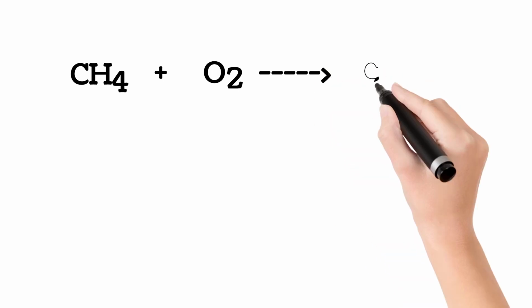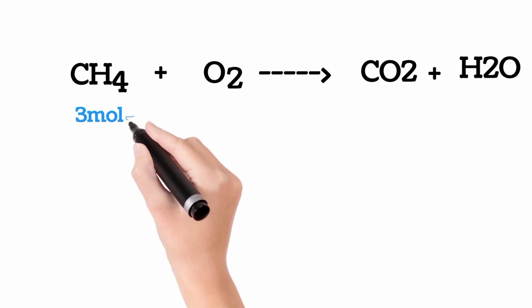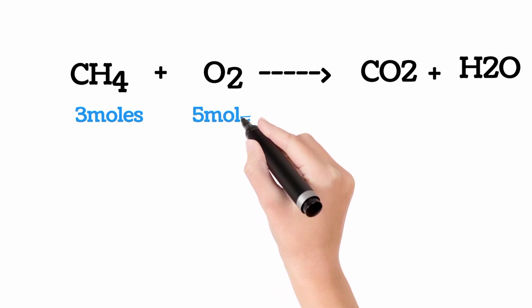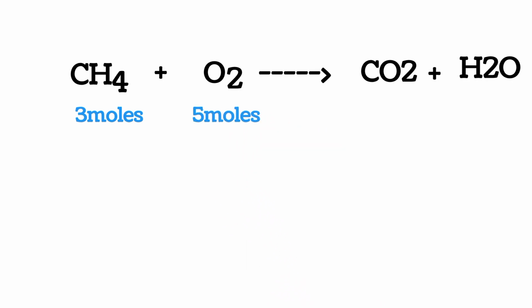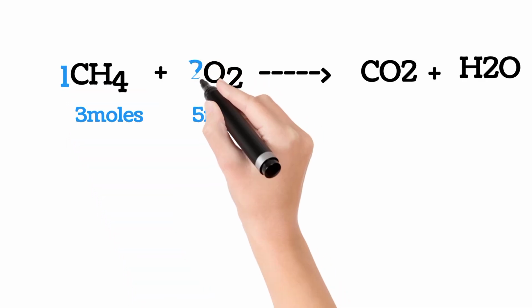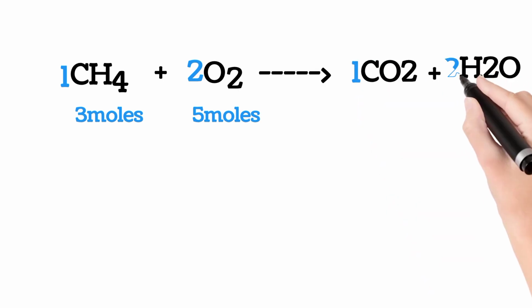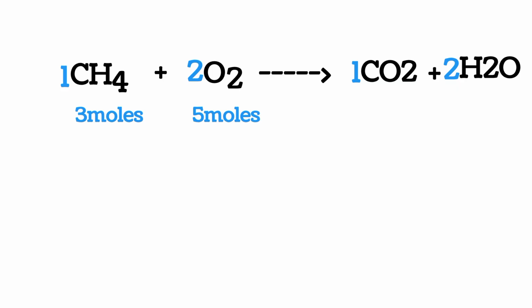Let's look at this other example. If 3 moles of methane reacts with 5 moles of oxygen, let's find the limiting reactant and the excess reactant. First, we balance the equation. So we're going to have 1 mole of methane, 2 moles of oxygen, 1 mole of carbon dioxide, and 2 moles of water.